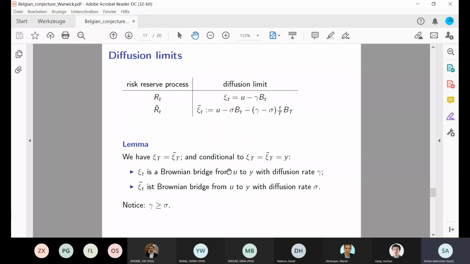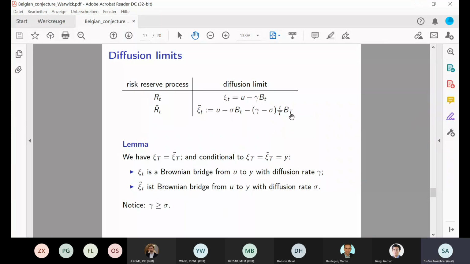So here is a little overview again. In the first line we can see the risk reserve process of the classical model, and the diffusion limit is the initial reserve minus a scaled Brownian motion. And in the second line, you see the modified risk reserve process, and the diffusion limit takes this form here, where B is again a Brownian motion.